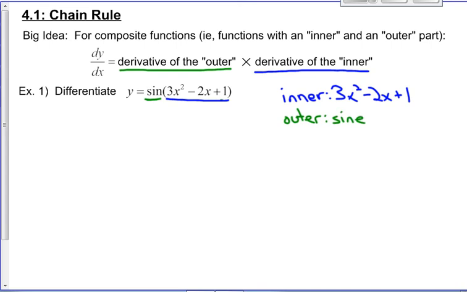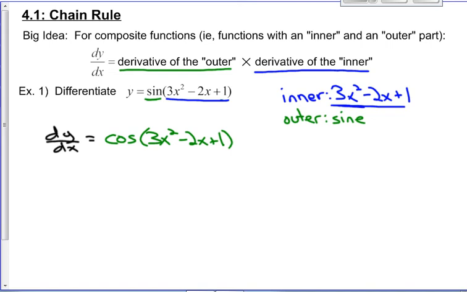So when I differentiate, here's what I get. dy by dx is derivative of the outer. So the derivative of sine, we know, is cosine. And I change nothing with what we're taking the cosine of. It's 3x squared minus 2x plus 1. Now we're going to multiply it by the derivative of the inner, which would be 6x minus 2.